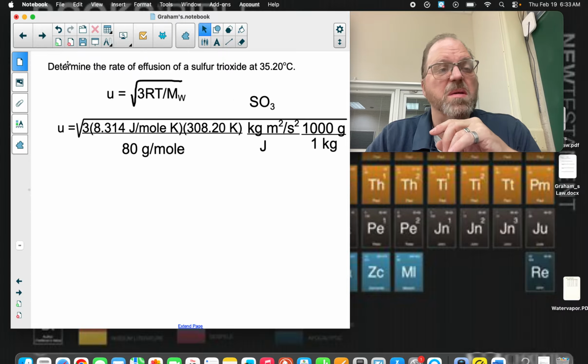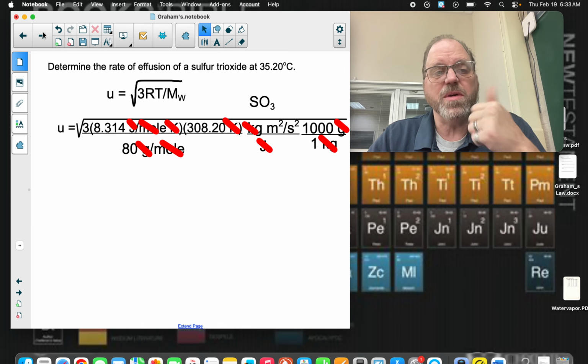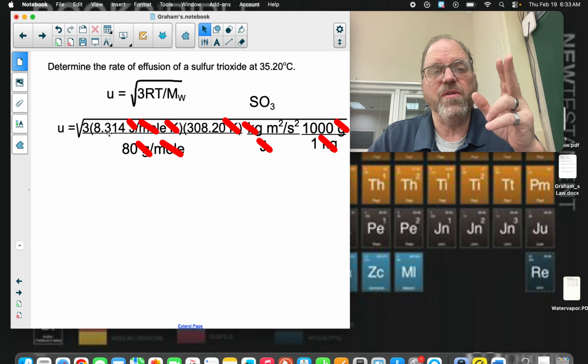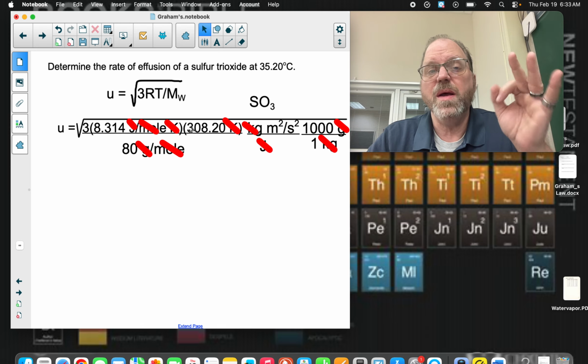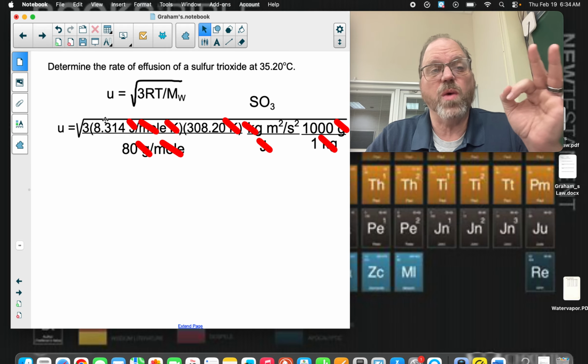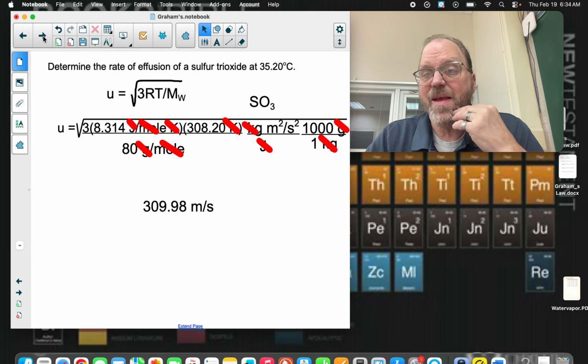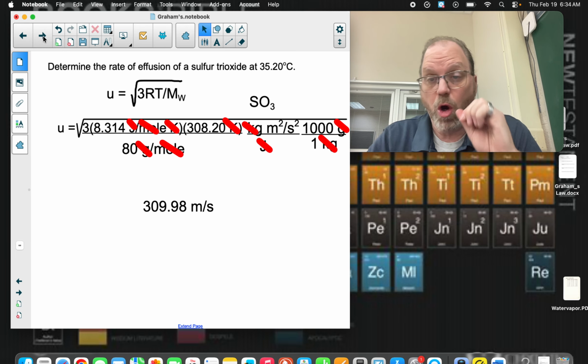All we're left with is meters per second. So if we take 3 times 8.314 times 308.20 times 1,000, divide by 80, and take the square root, with 5 sig figs we end up with 309.98 meters per second. Those things are moving.